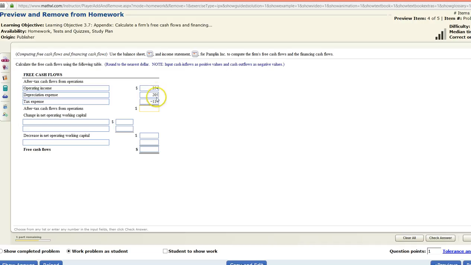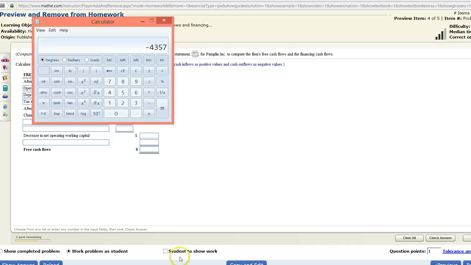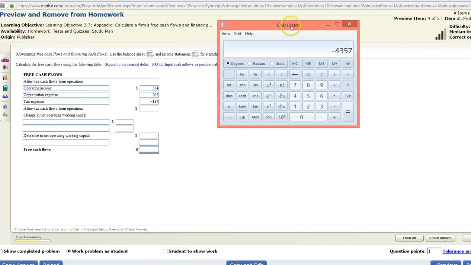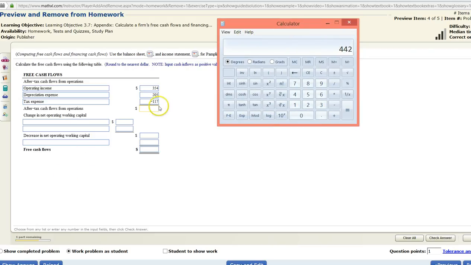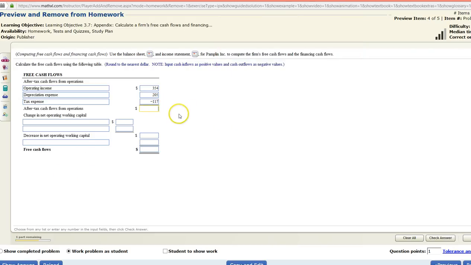You can directly sum up the 3 because you already took care of the signs. So it's 354 plus 205 plus negative 117. Once you do that calculation, you find the number to be 442. That's my operating cash flow.